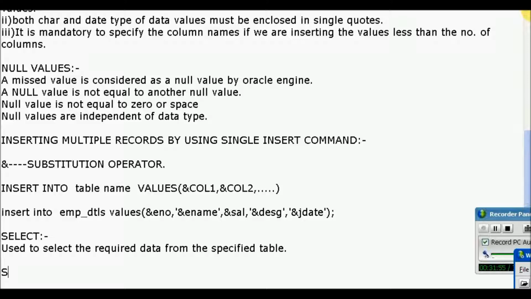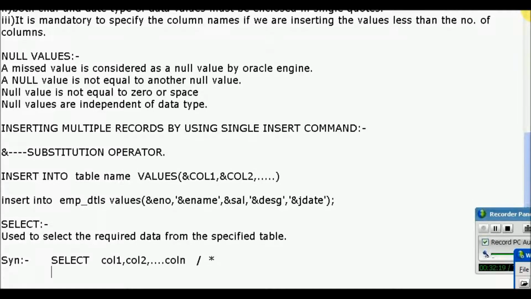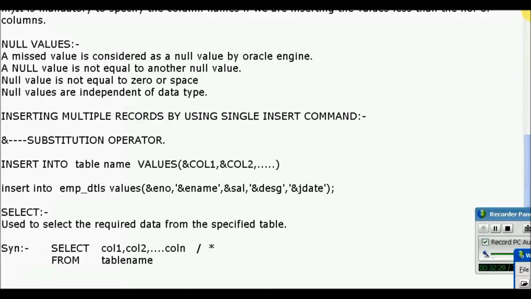So what is the syntax of select? Select, you have to specify column 1, comma, column 2, comma, column n. Instead of specifying all columns, you can also use star and use the from keyword and specify the table name.